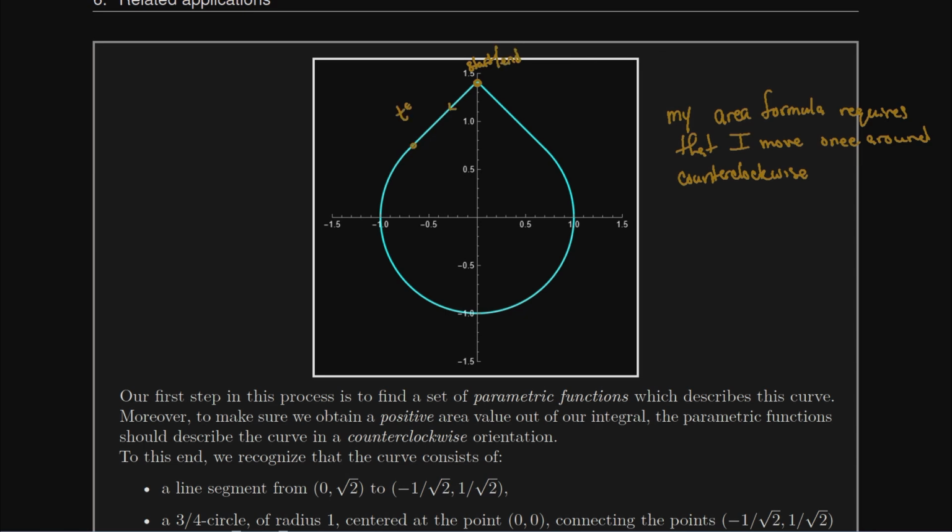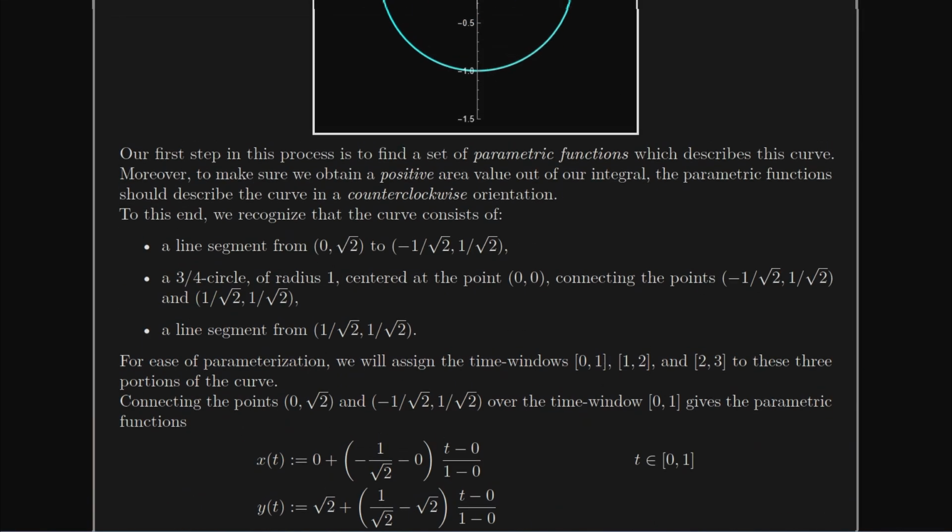So I'll use the time window 0 to 1 for that little line segment. And then let's go all the way around the circle in the time from 1 to 2. And then I end up here. Let's make sure we're counterclockwise this whole time at the other line segment. And then we're going to finish up going from 2 to 3, this very last line segment. So we'll have to connect all of those dots respectively in a nice counterclockwise fashion.